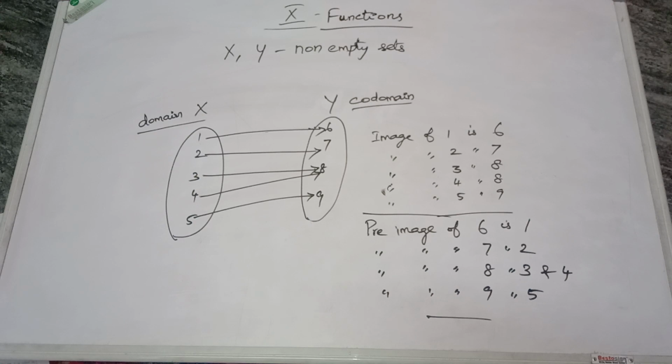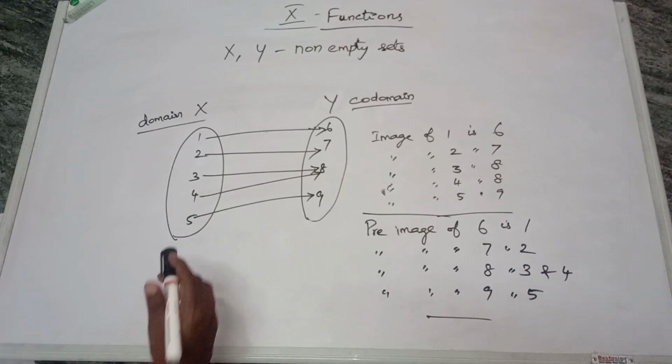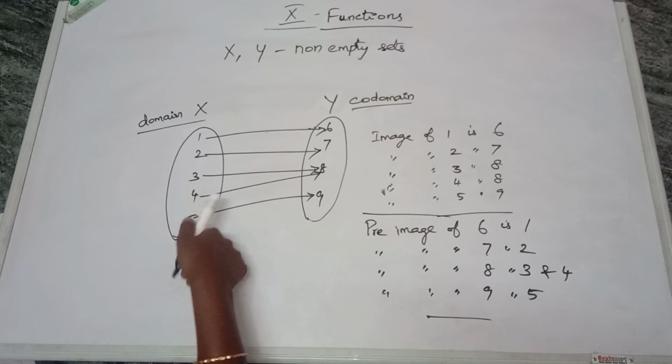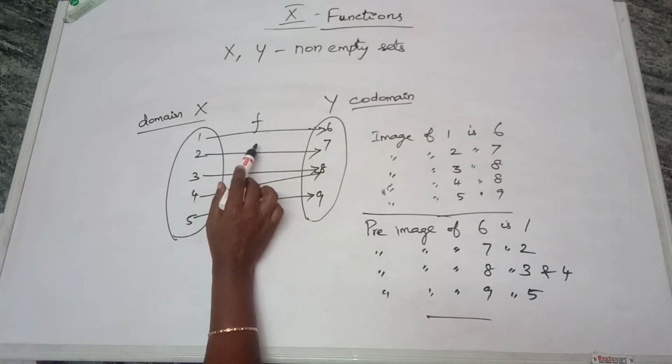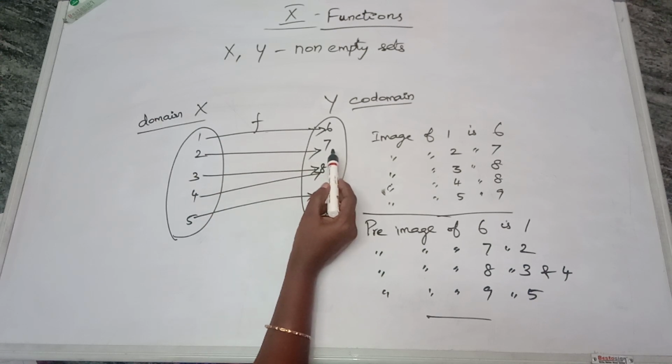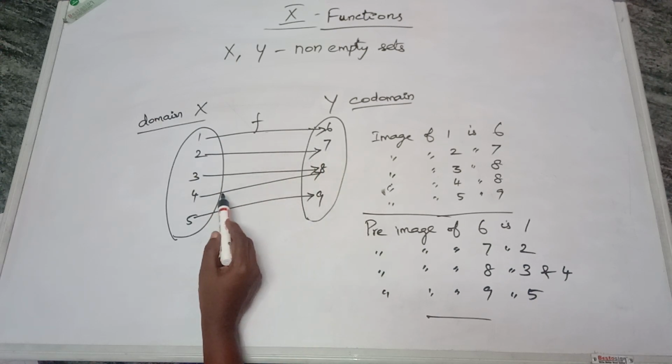So how do we define the function? Every element in the domain of f has an image, and the second point is that the image is unique.